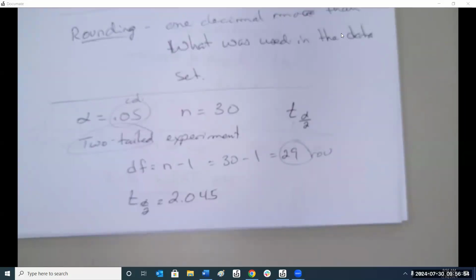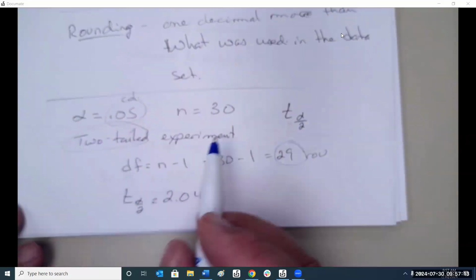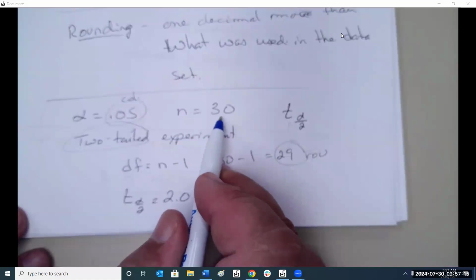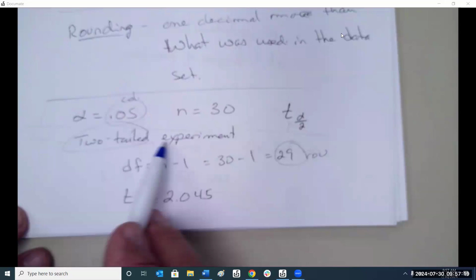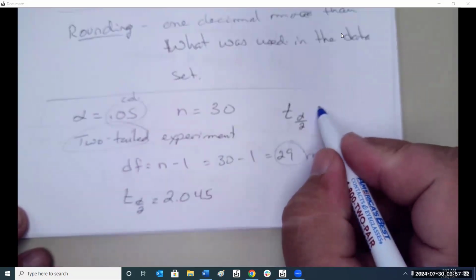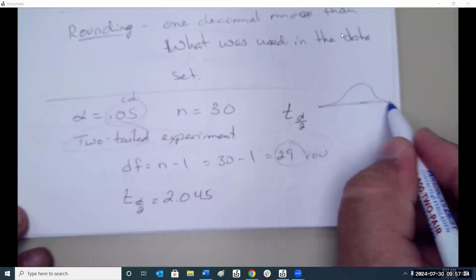And the excellent thing about this sort of test is that our conditions are two: we have to have either normally distributed data or a sample size bigger than 30. In other words, if our data set is 30 or less, then we know for sure that our data needs to be normally distributed.